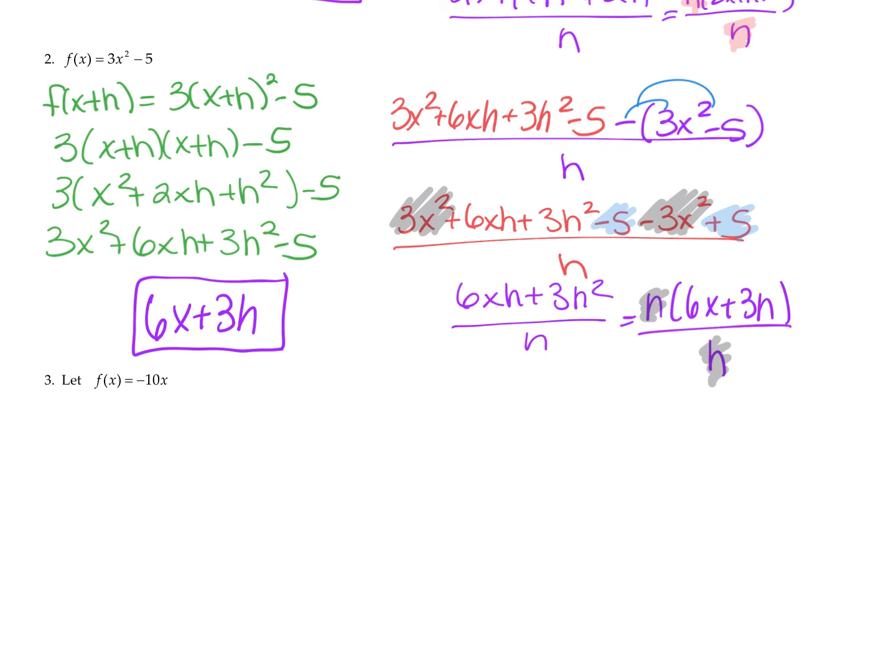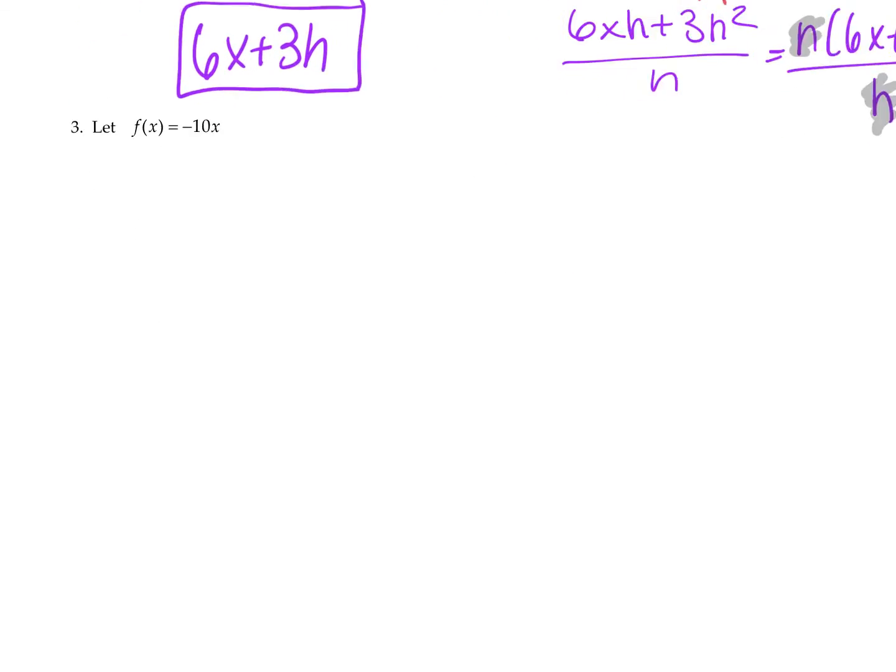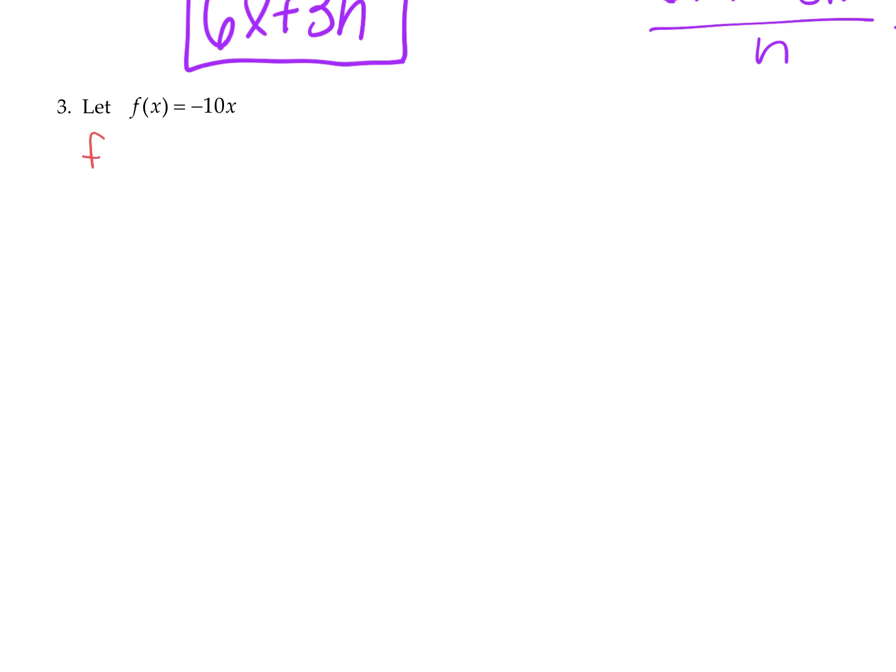All right, let's try with this last example. So first I want to find f of x plus h. So that'd be negative 10 times x plus h, which would be negative 10x plus negative 10h.